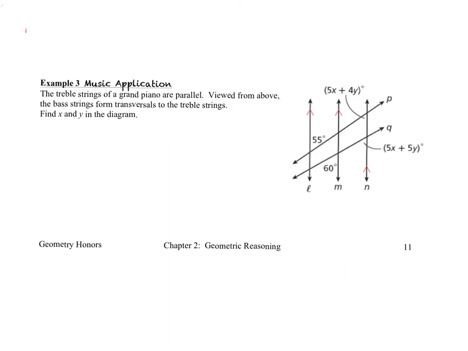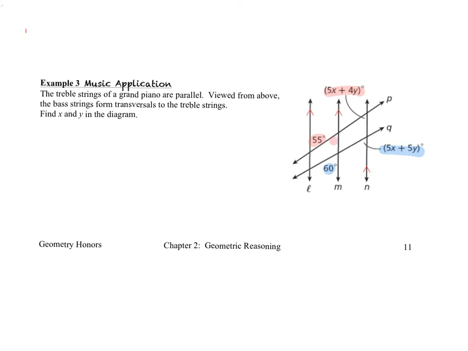Okay, in this word problem, we have parallel lines cut by a transversal. We've got this 55 degrees and the 60 degrees. We have the 5x plus 4y and the 5x plus 5y.